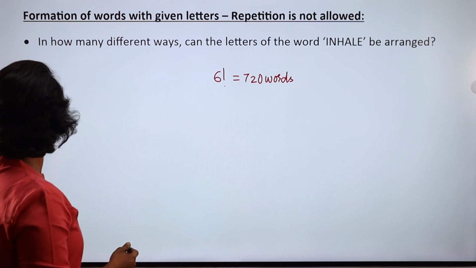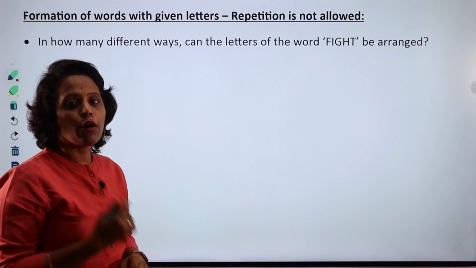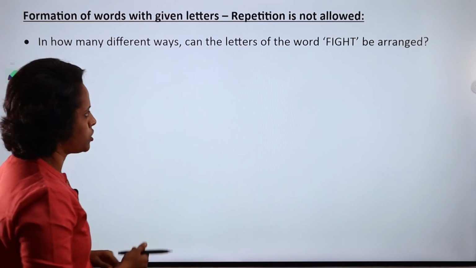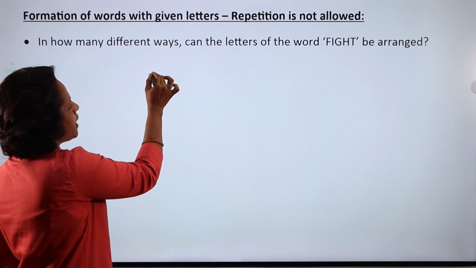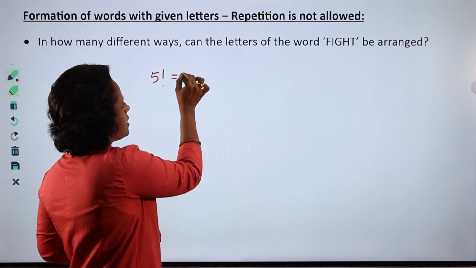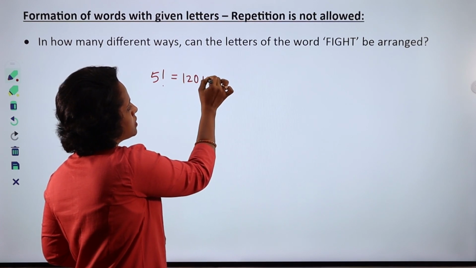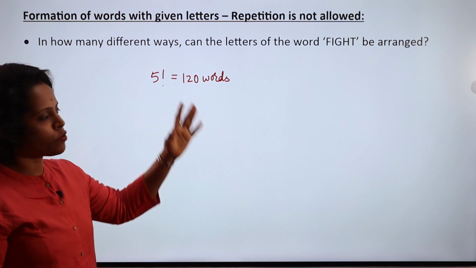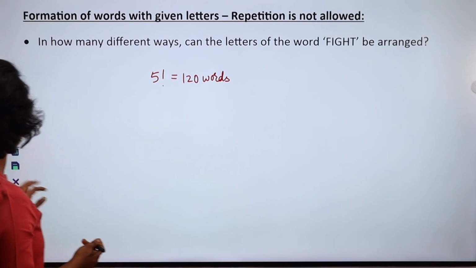Okay, the next question. In how many different ways can the letters of the word fight be arranged? Fight is a 5-letter word. So 5 factorial. This will be your answer. 120 words. In 120 different ways, the letters of the word fight can be arranged.